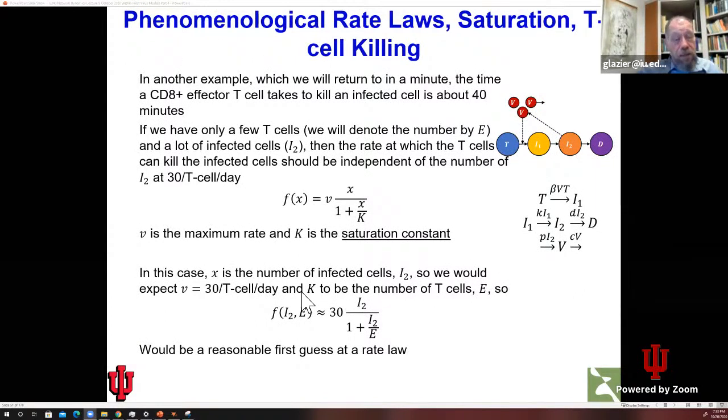And the example I think I gave a couple of weeks ago was, again, the T cell example. Each T cell takes about 40 minutes to kill its target. So one T cell can kill about 30 to 40 target cells a day. So that means you need a lot of T cells in your tissue if you want to clean up a lot of infected cells.